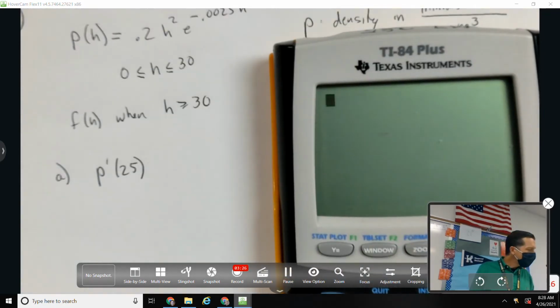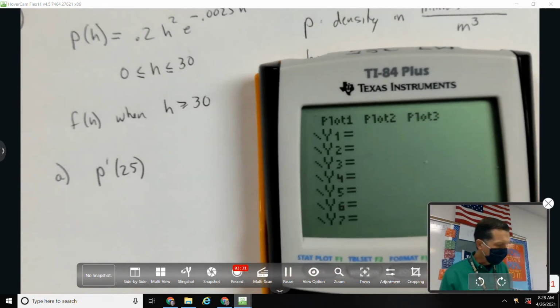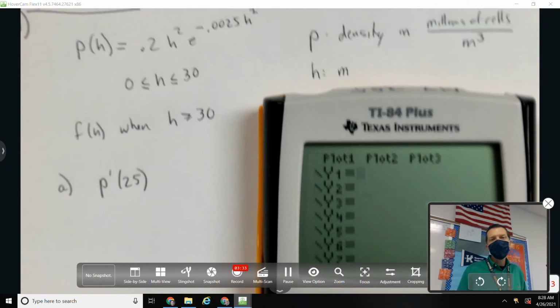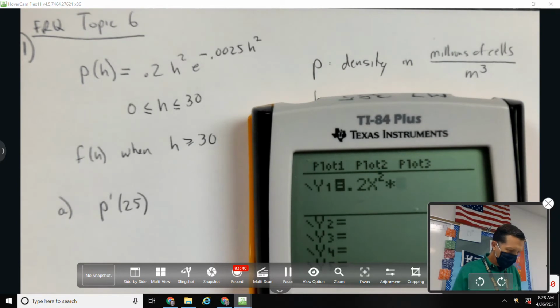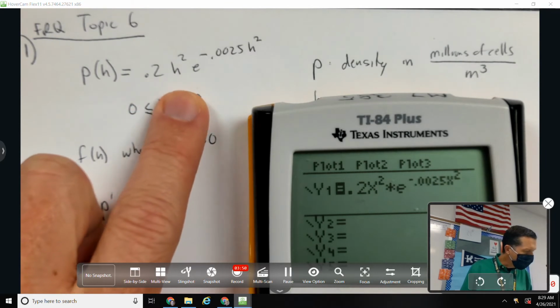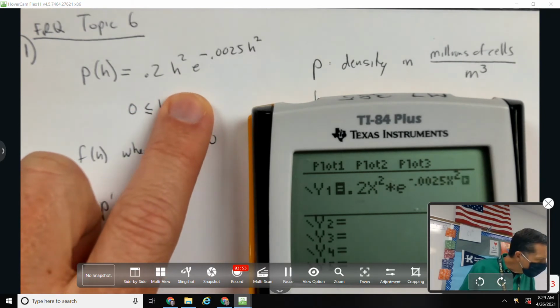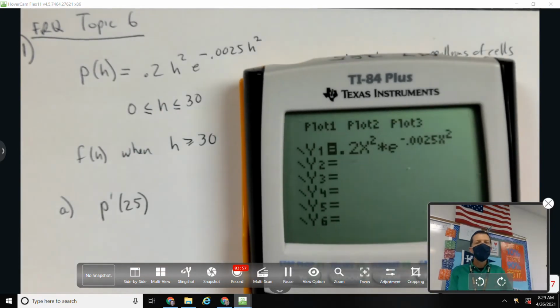Since this is a calculator problem, I'm going to guess that I'm going to need it multiple times, so I'm going to put that in for y1. 0.2 x squared times e to the negative 0.0025 x squared. Okay, weird unit.